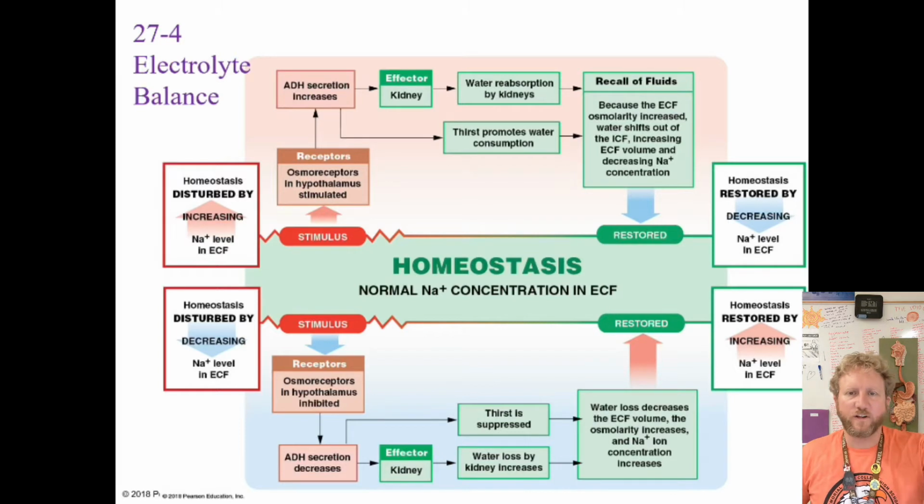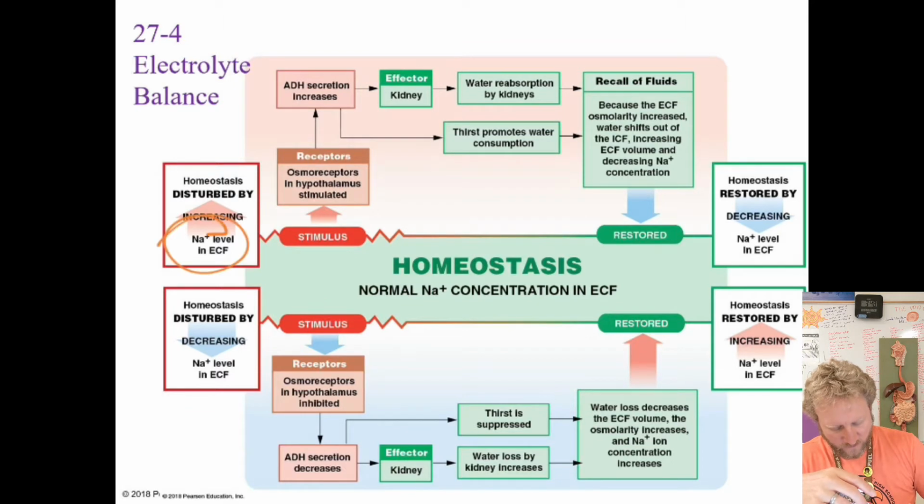Here is a feedback loop looking at sodium balance and ECF volume. The regulatory mechanisms keep this fairly stable. If you increase the sodium level, plasma concentrations are going to increase.